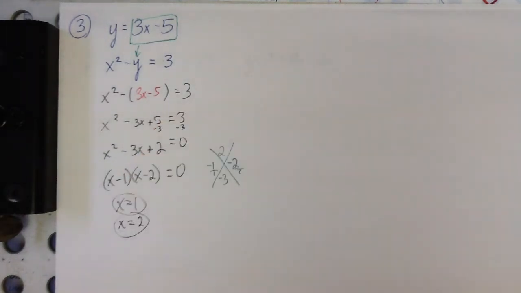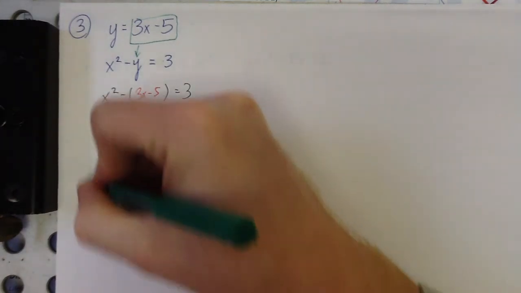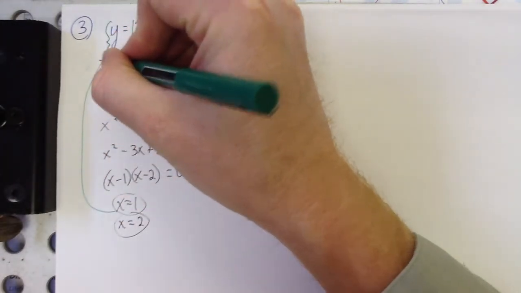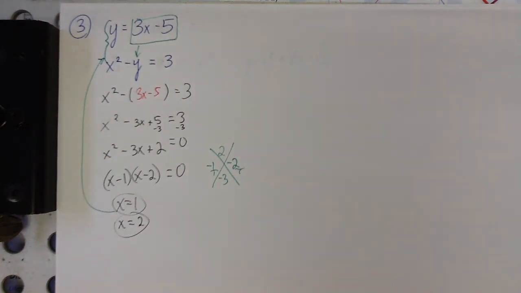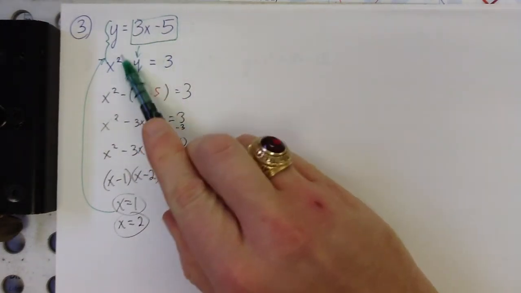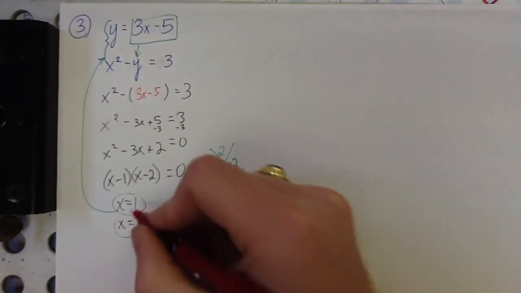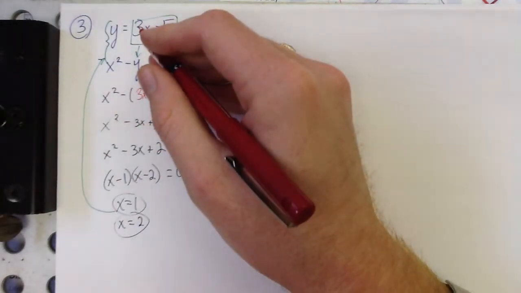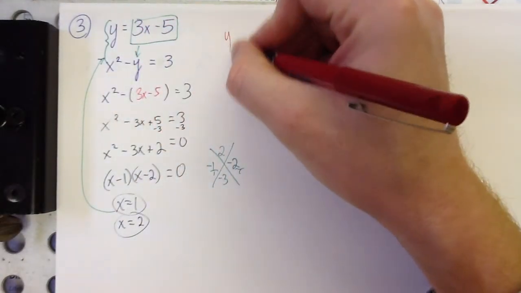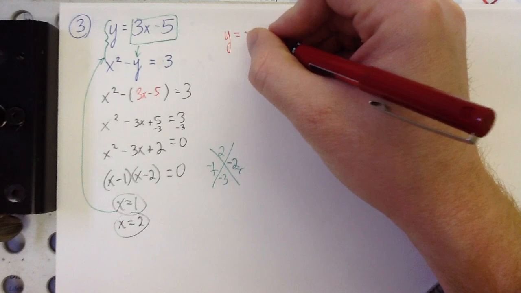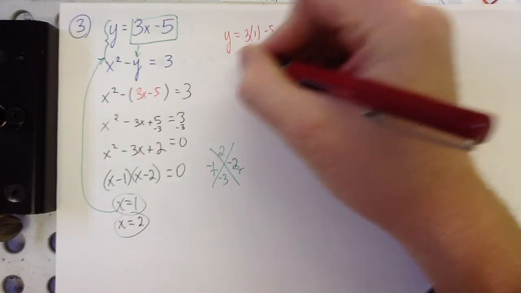Take those back to the top, plug them into either one of these equations, whatever one looks easier to you. I think the first one probably looks easier. It's solved for y, no squaring going on, no powers. So that's where I'm going. I'm going to take 1, and I'm going to plug it in for x up here. So y equals 3 times 1 minus 5.